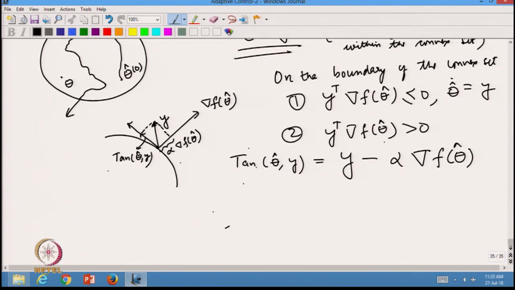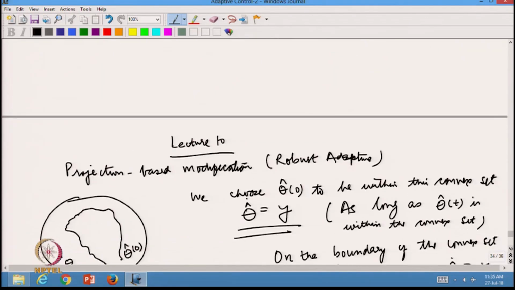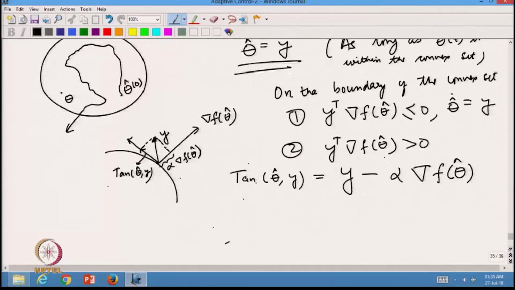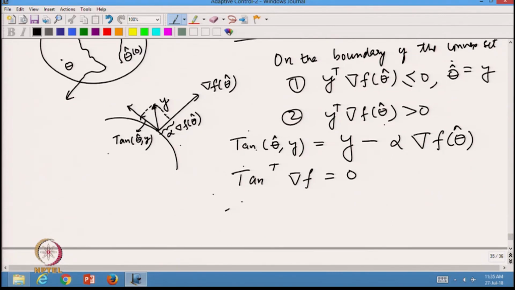So now of course we need to know what this alpha is. So we can use the fact that this tangential vector and the gradient vector are orthogonal to each other. That is, if we take the dot product of this tangential vector with this gradient vector, we will get 0, and then we substitute for this expression for the tangential vector. Okay, and alpha is some constant.